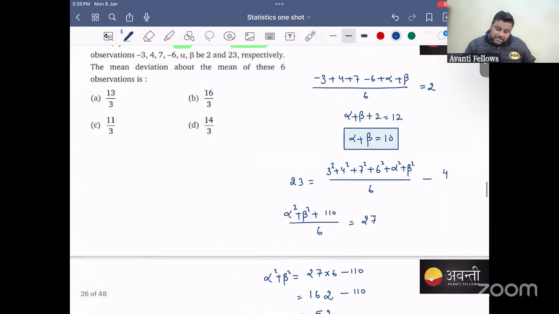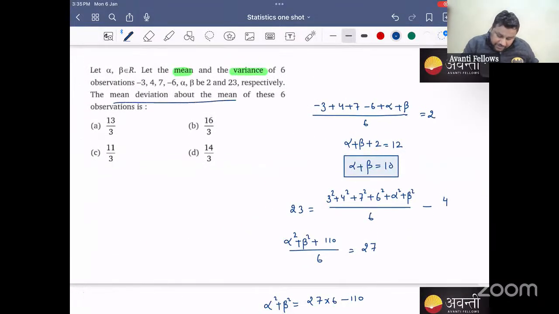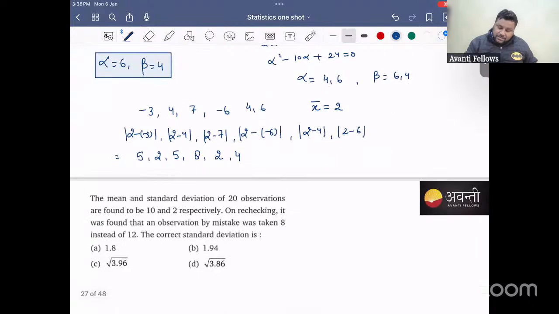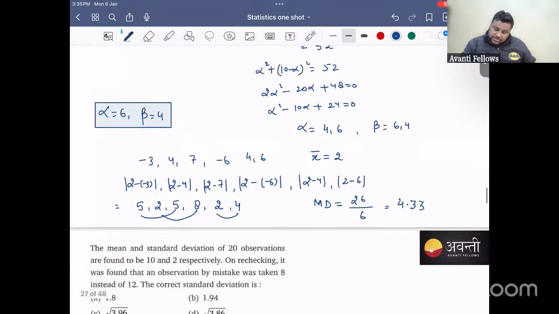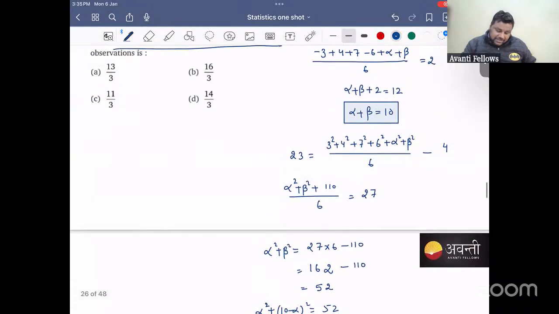Now what are they asking? They are asking for the mean deviation about the mean. So mean deviation will be the sum of all of them, 5 and 5, 10, 20, and 6, 26, whole divided by 6. That is 4.33. Or I should say it is 26 by 6, that is 13 upon 3.